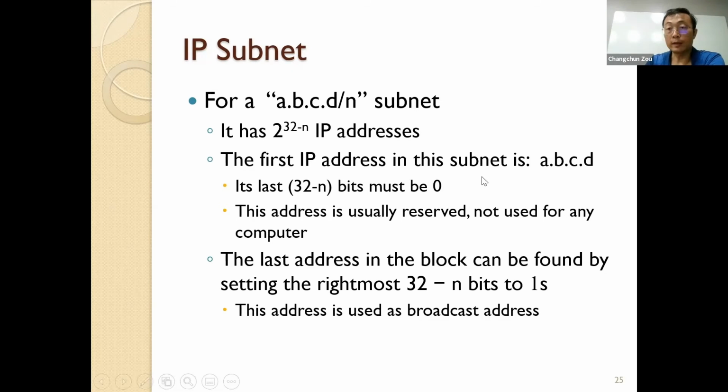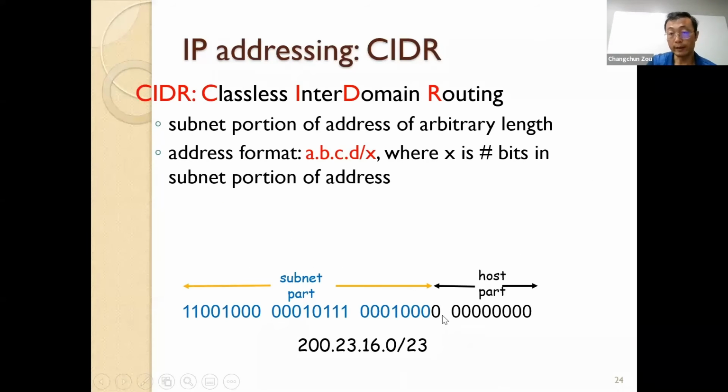The first IP address in this subnet is ABCD, where the host portion is all 0. The last IP address in the subnet is when you define the host part to be 1111.